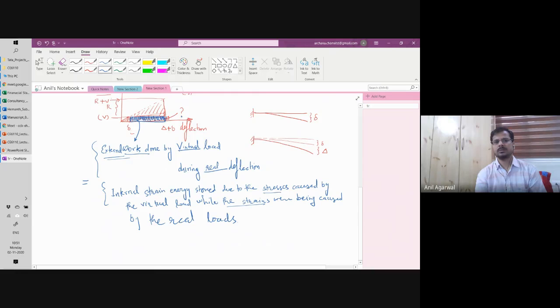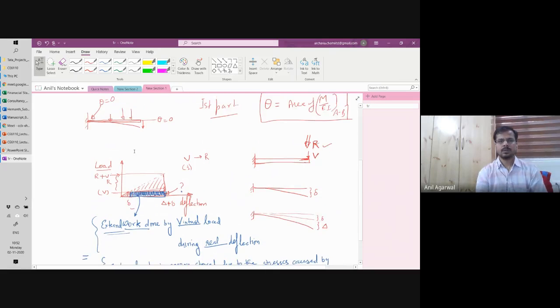So you take this strip component of the external work and you take the same strip component of the strain energy. So likewise, you can develop one curve like this, which is for external work. I can call it W external. Similarly, you can develop a two-part plot like this, which will be for the strain energy U. You can call it U internal.